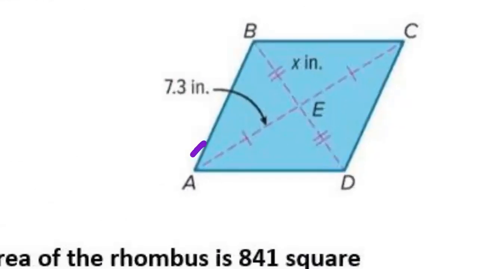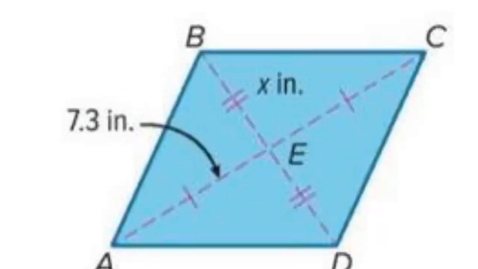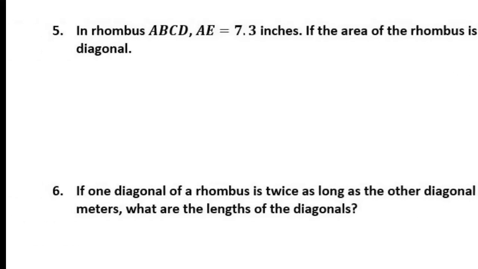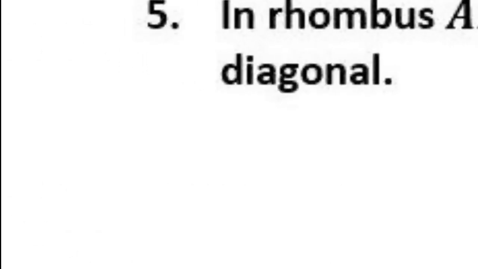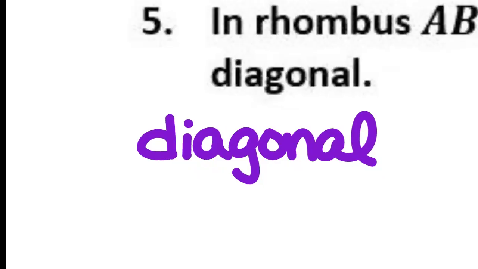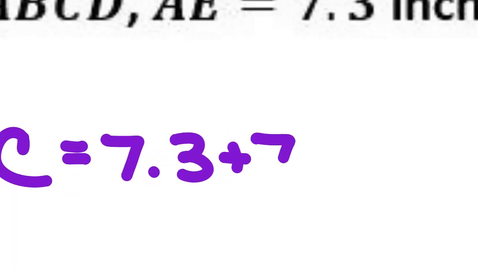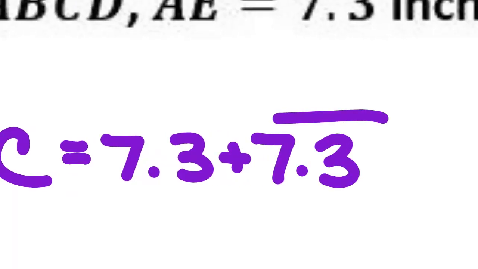So if this right here is 7.3 inches, how big is this? 7.3 inches, yes. So I can find the size of one of the diagonals. One of those diagonals, that would be diagonal AC, would be equal to 7.3 plus 7.3, which would be how much?